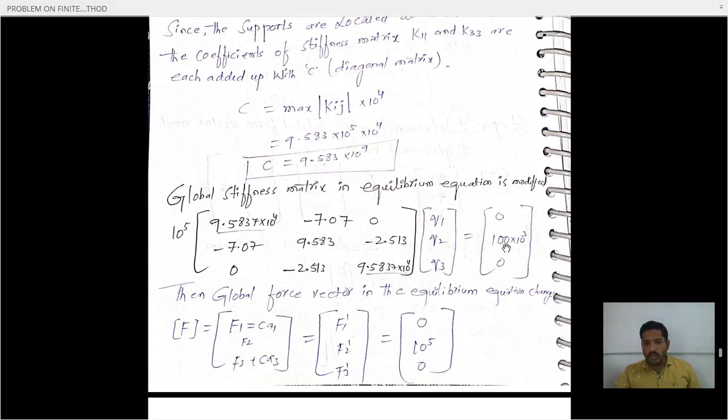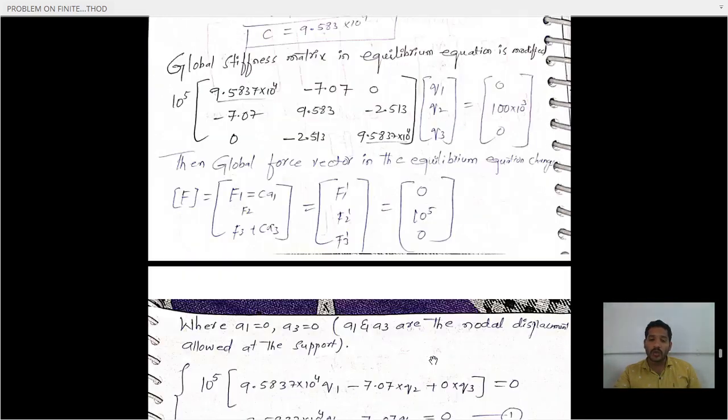If you remove the 2 digits, it becomes 10 power of 2. If the base is the same, the powers should be added, so we can say 1 into 10 power of 5. Here the nodal displacements A1 and A3 are 0 because it is a fixed end.